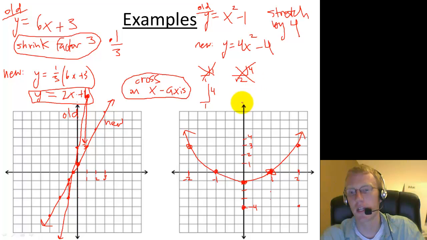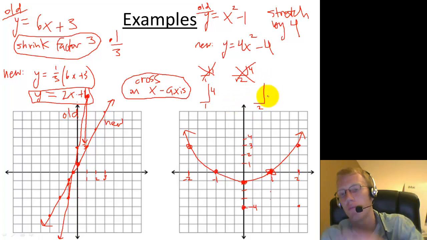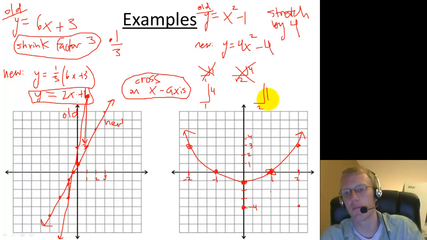And instead, we're going to go over 2. We would have gone up 4, 4 times 4 is up 16. So from here we have to go up 1, 2, 3, 4, 5, 6, 7, 8, 9, 10, 11, 12, 13, 14, 15, 16, something like that, really, really high.